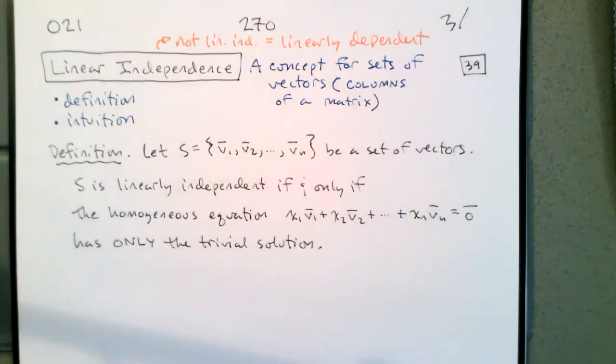So here are the things that we need. A set of vectors is linearly independent if and only if this homogeneous equation, x1 v1 plus x2 v2 plus xn vn equals 0, has only the trivial solution.